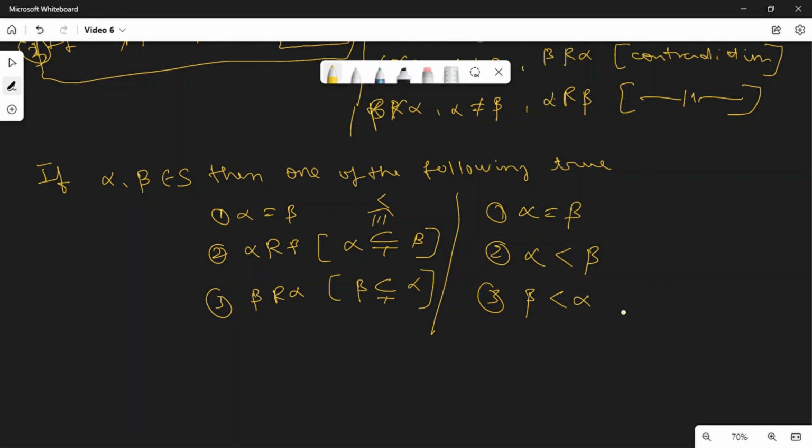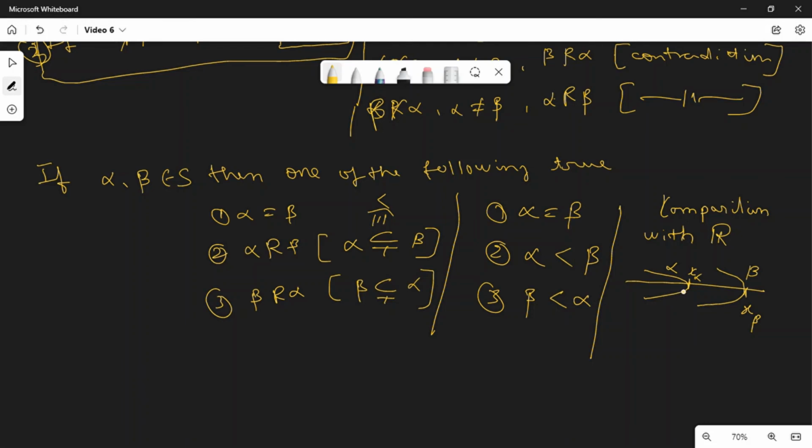Since these are all associated with real numbers, comparison with real numbers, we have, say, this is our alpha and this is our beta. With alpha there is one real number, say x alpha, and there is one real number x beta, since with every cut there is a real number.